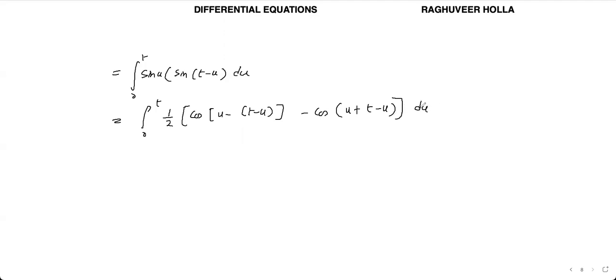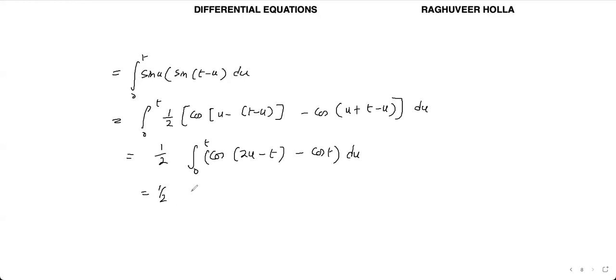So we get this as half of integral 0 to t of cos of 2u minus t, minus cos t, then the bracket du.